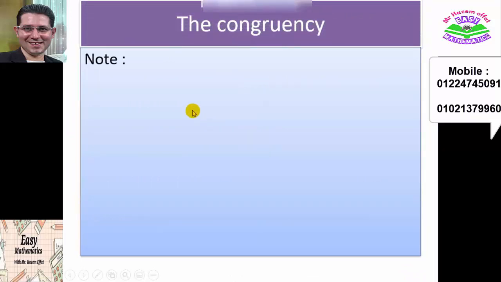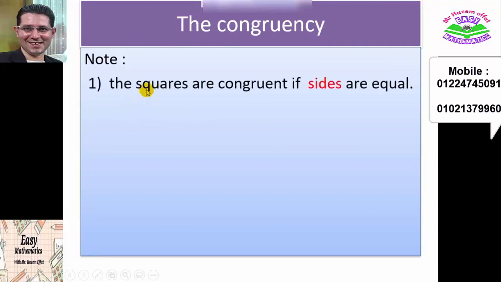Here are some notes we must talk about. If we have two squares, when can we say two squares are congruent? Yes, if just the sides are equal. But I told you before, the square is a polygon, so why didn't we talk about the angles? When we say squares, there is a special case, because all angles in squares must be each equal to 90.